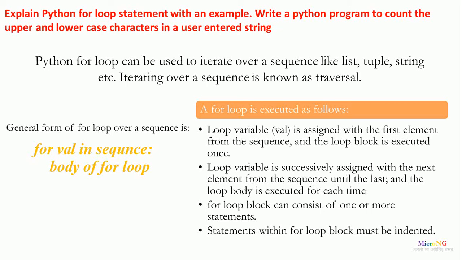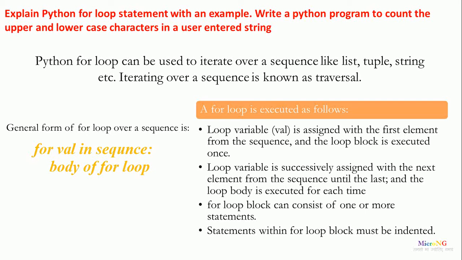A for loop is executed as follows. First, the loop variable val is assigned the first element from the sequence and the loop block is executed once. The second point: the loop variable is successively assigned the next element from the sequence until the last, and the loop body is executed each time.